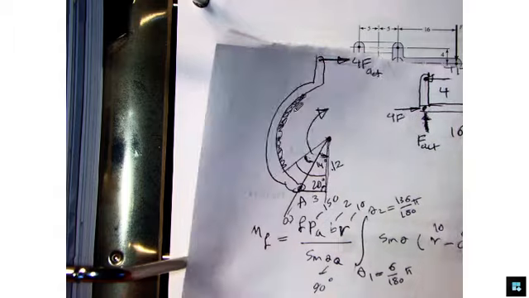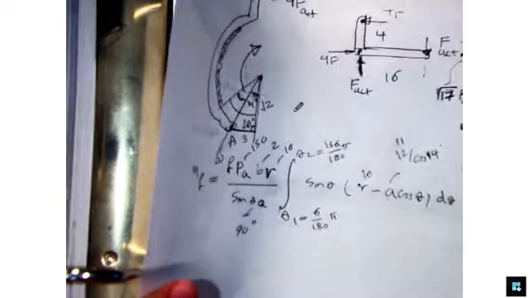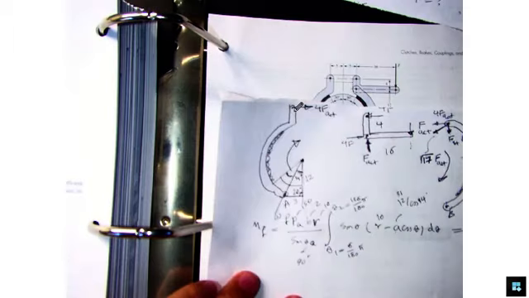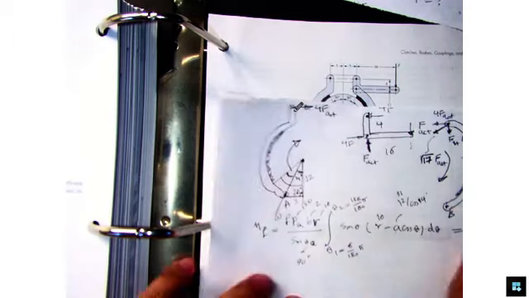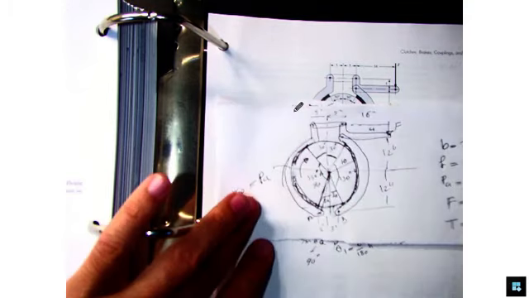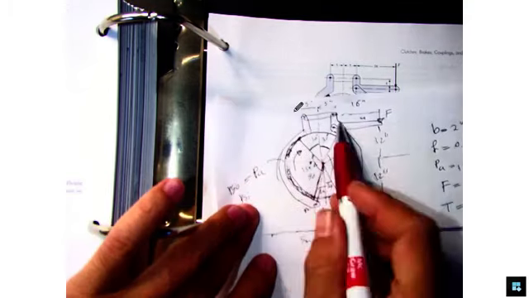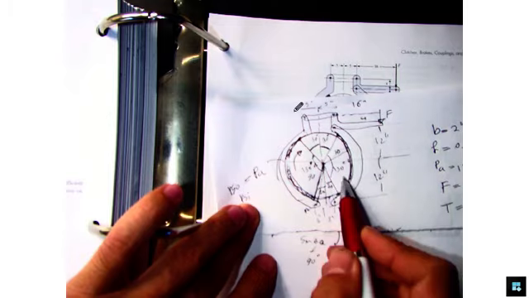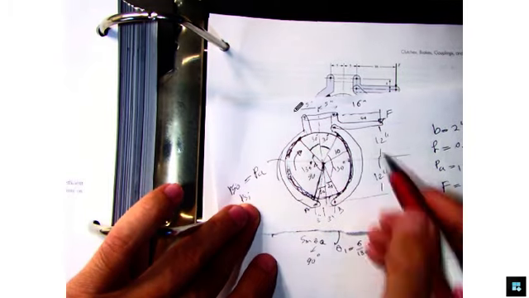So looking at these two systems, let me zoom out. Which one is going to be self-energizing? Maybe let's look at this one. If you look at this one, the friction is in this direction.